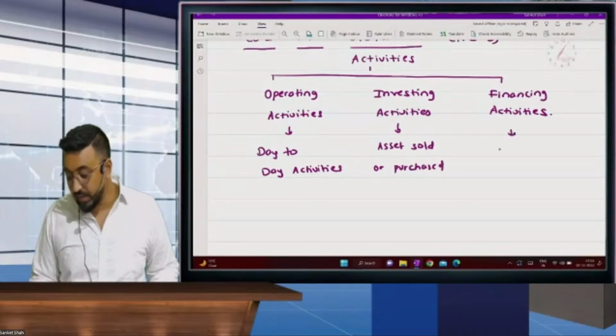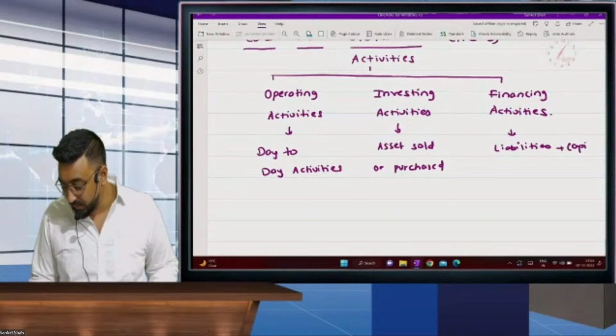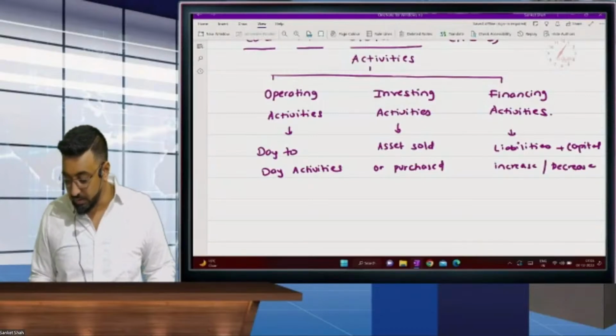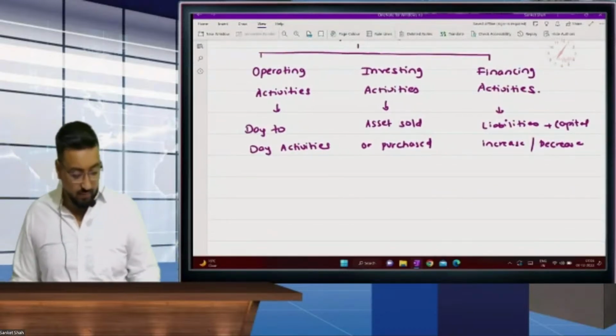And financing activities are related to liabilities increase or decrease. Long-term liabilities plus capital increase or decrease. For example, loan taken or capital introduced, we will cover under financing activity.